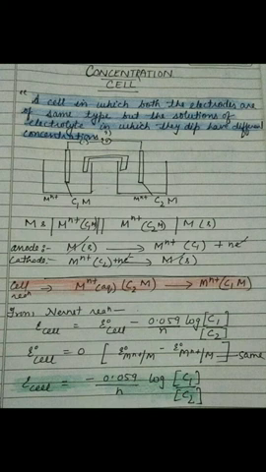We will write 0. Why, students? Because these are electrodes of the same metal, and while putting in the formula E reduced minus E oxidized, we get the same standard electrode potential values, so it comes to be 0. So E cell equals minus 0.059 upon n log C1 upon C2. I think this much is clear.